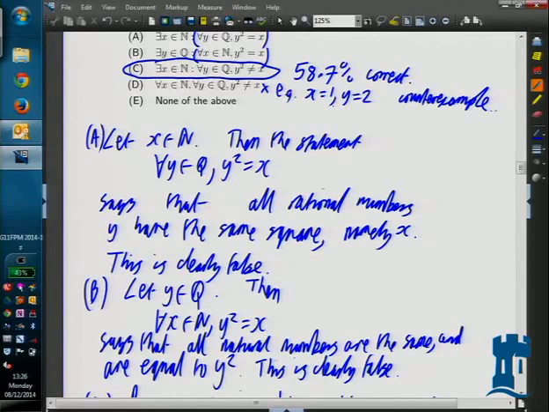The other ones, which were exist x such that for all y, or exist y such that for all x, you couldn't have done that with a counterexample of one of each. You couldn't have said, for example, x equals 1, y equals 2. That wouldn't have been convincing because there might have been a different x that would have worked.